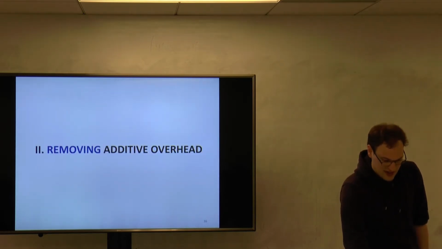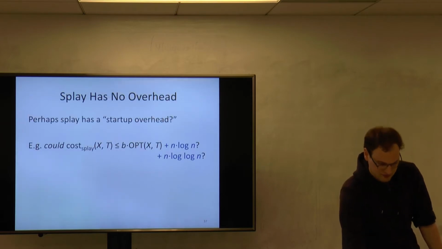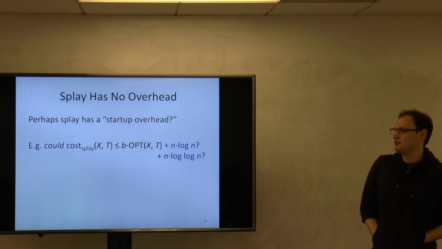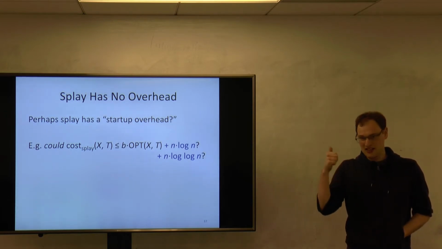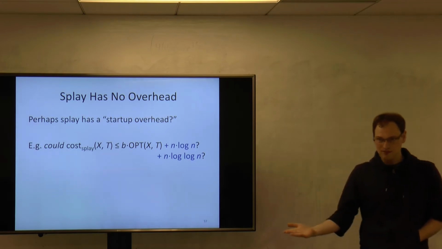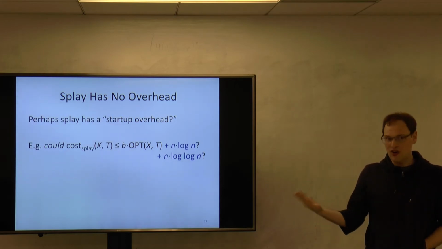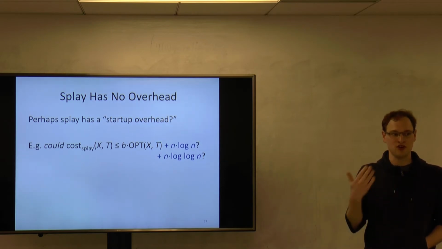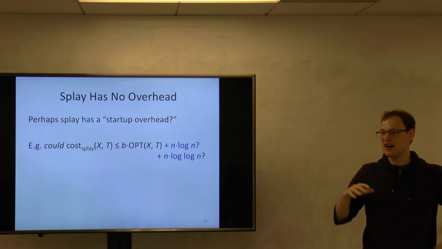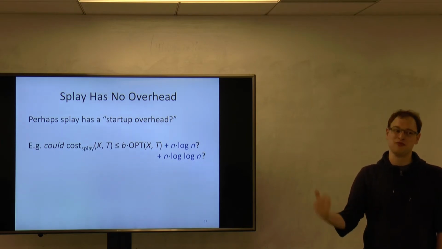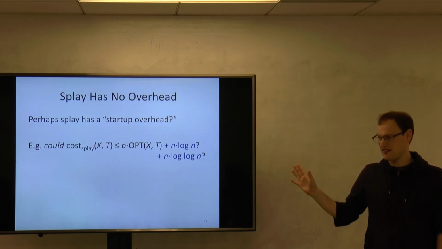OK. Additive overhead. I'd mentioned this earlier. Maybe splaying is optimal plus n log n, where n is the size of the initial tree. Or n log n, we don't know. And it's a nuisance to not know the functional form, because the range of an additive overhead can tell you something about potential functions, which can be useful in other analysis.